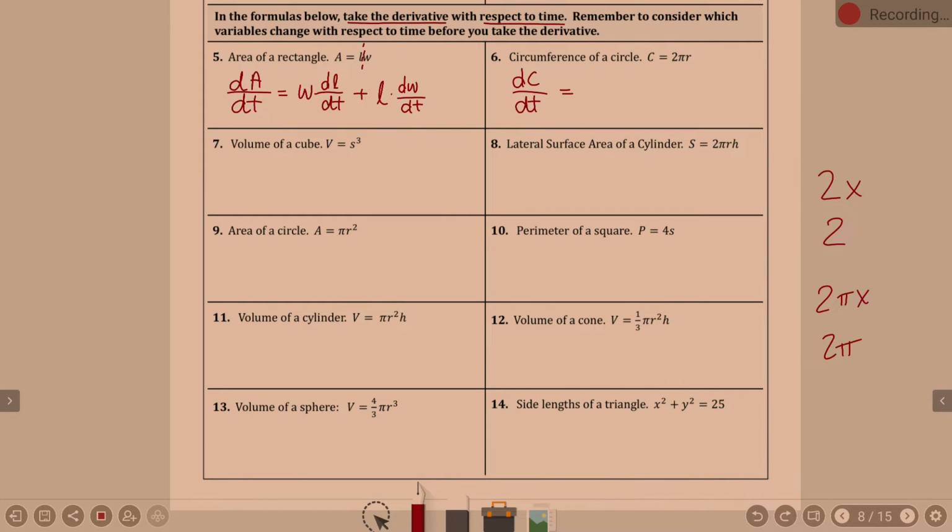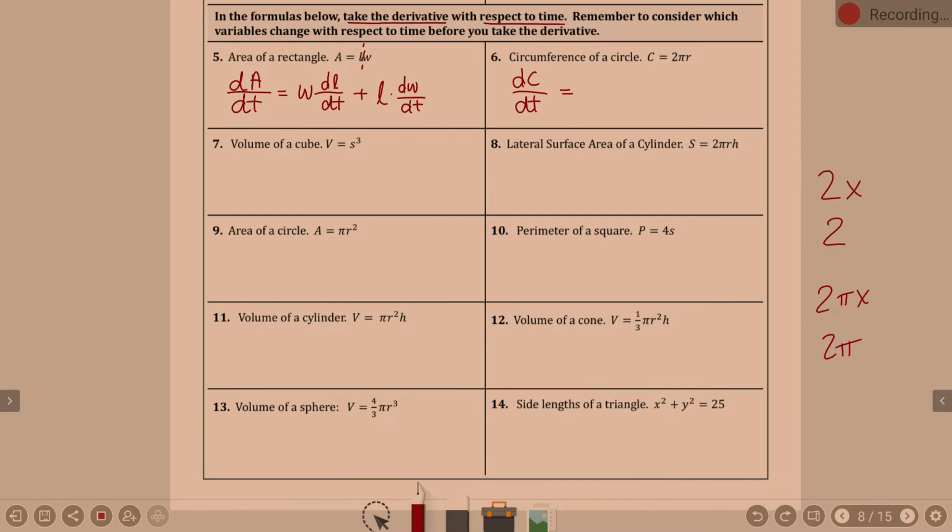So what's the derivative of 2 pi r? 2 pi. In other words, 2 is a constant, pi is a constant. So we don't have to do a product rule unless there are two things to take derivatives of, unless there are two variables. There's not two variables, there's not two functions happening. It's just an r with numbers in front of it.